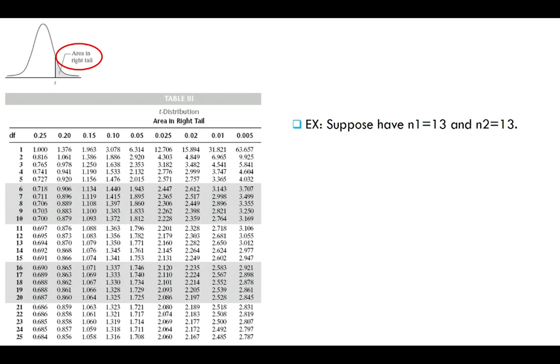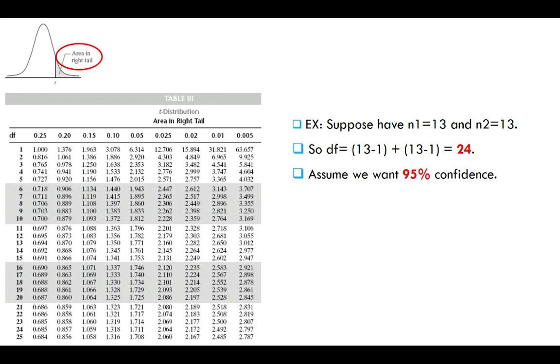So suppose that sample 1 has an N of 13 and sample 2 has an N of 13, which means I can calculate my degrees of freedom, right? 13 minus 1 plus 13 minus 1 is 24. Now let's assume we want to be 95% confident, so we're going to be at the 95% confidence level. And again, we know what that tells us about alpha, right? Alpha is going to be 0.05.